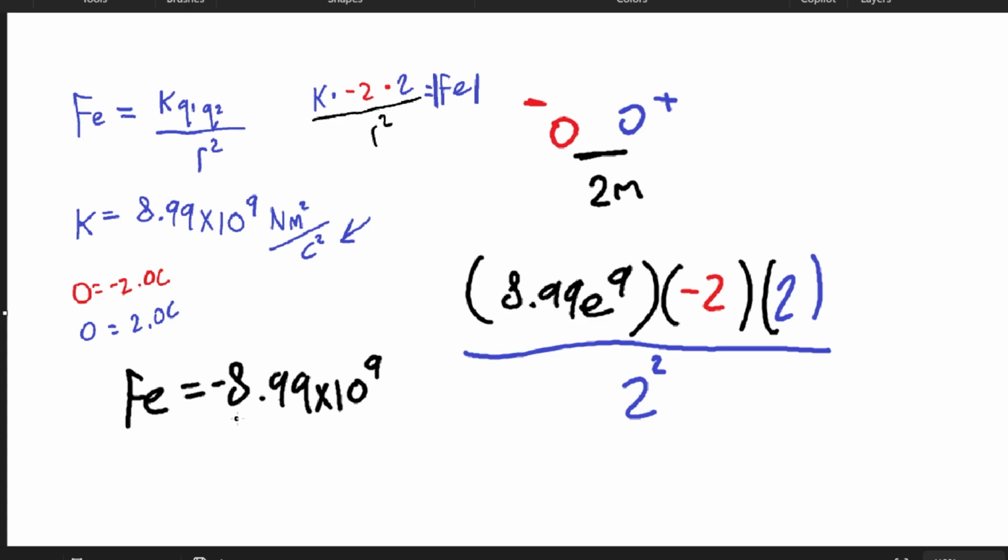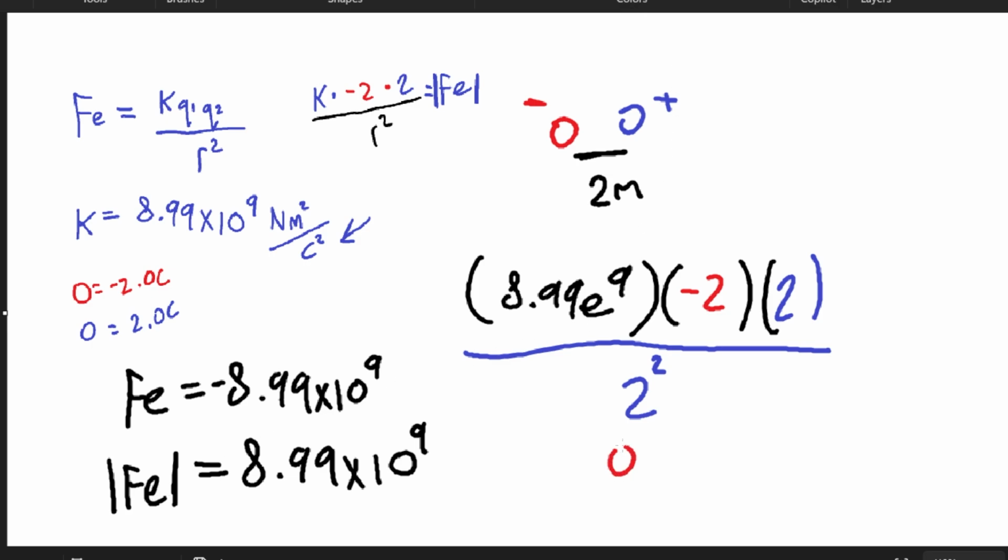That makes the electrostatic force this number, but we want the absolute value, so it'll actually be positive 8.99 times 10 to the power of 9. And let's say we were measuring the electrostatic force on the red ball, we'd be saying that it's going right, because the red ball is going to be attracted to the blue ball.